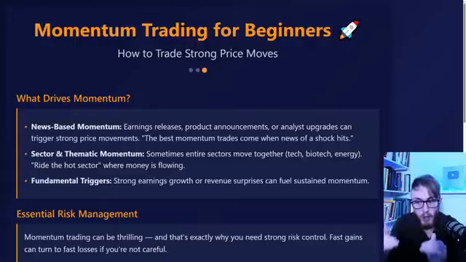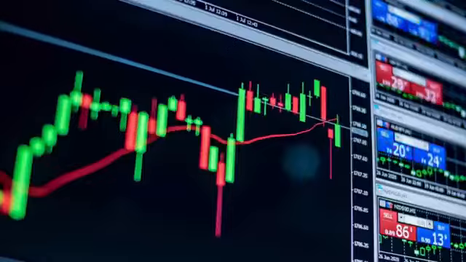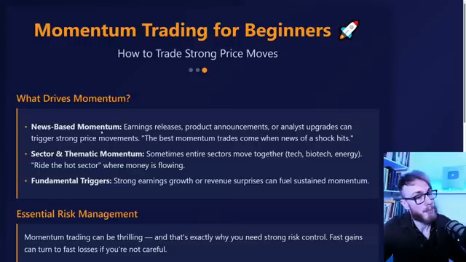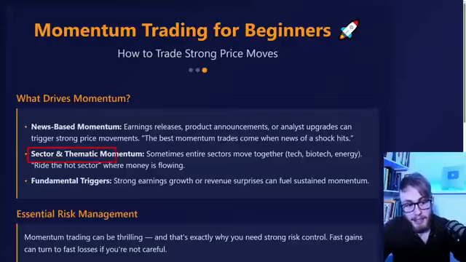We can focus on the price, because in one sense, you can think about it that the news are reflected in the price, right? But there are definitely traders that are combining analysis of news and technical analysis. Another thing that can drive momentum is sector and thematic momentum, and we also have different fundamental triggers.